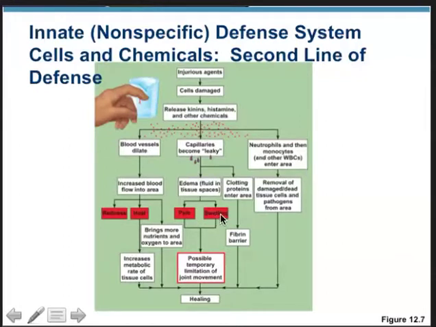And what this leads to is that we bring nutrients and oxygen into the area. This provides an excellent environment to support the metabolism of the leukocytes, which are disease fighters. And it also helps remove damaged tissue and cells from the area as they are basically destroyed.